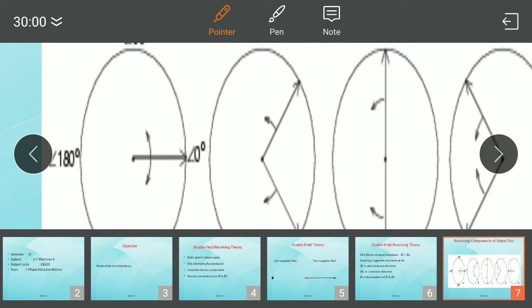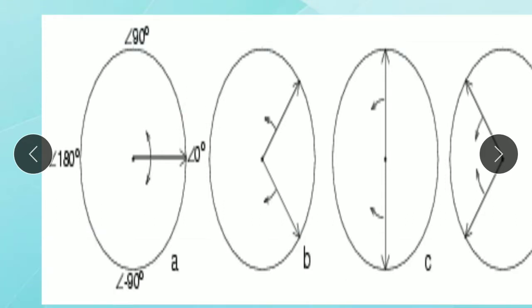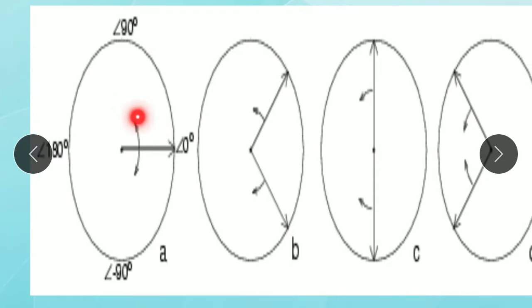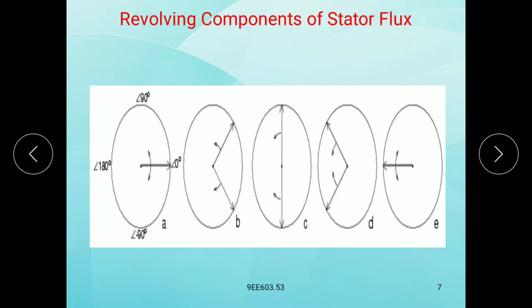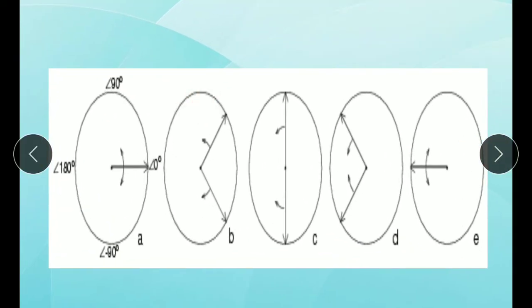So at 0 degrees, observe these directions showing at this direction and this direction. Revolving components of stator flux, see at this point. At figure B, observe this point and this point.